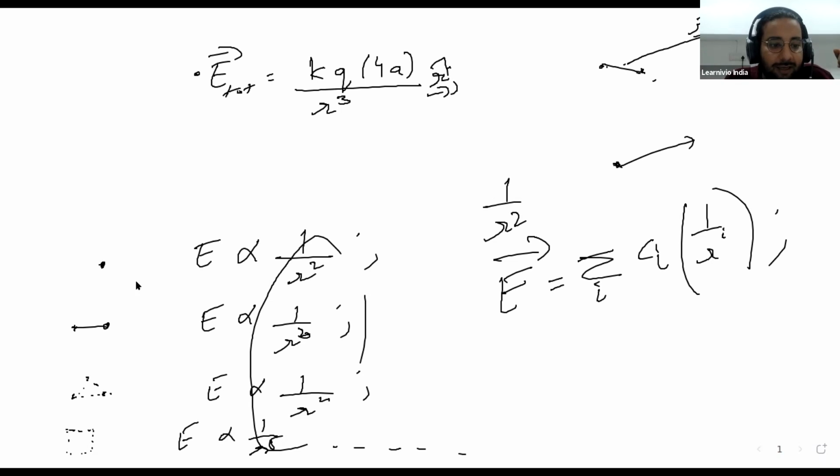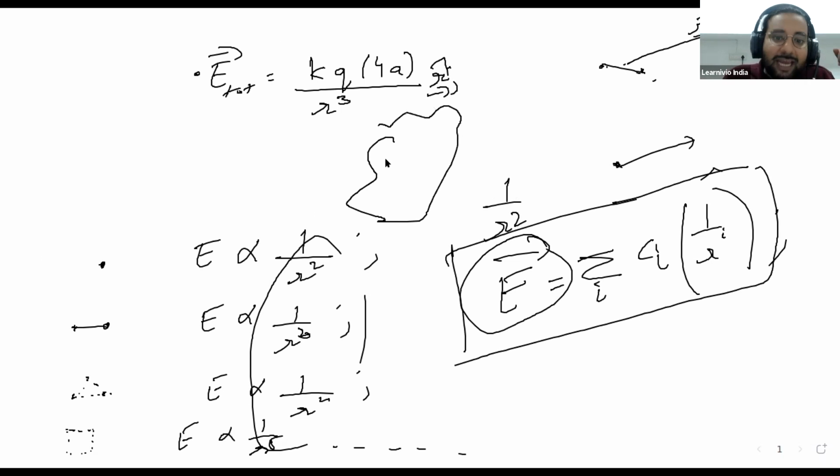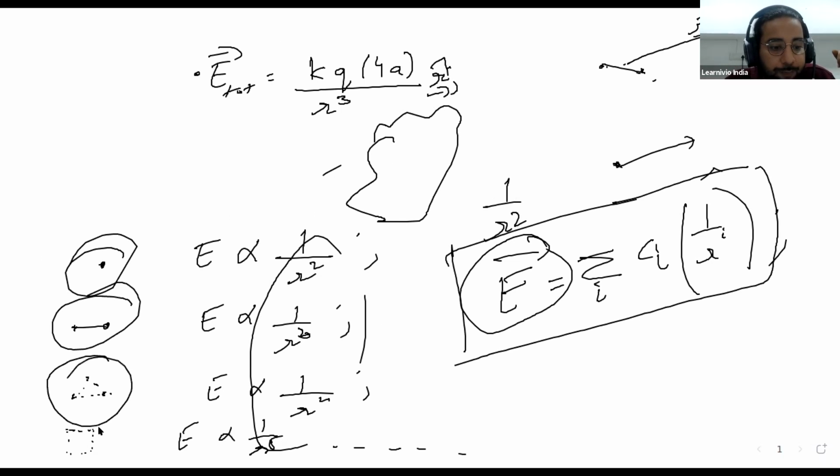Meaning that for any general problem, every system you have can be broken down into its monopole, dipole, tripole, quadrupole components. Does that make sense? Yes, sir. So at the end of the day, all charges are essentially made of these monopoles, dipoles, tripoles, quadrupoles, and this is how we essentially prove that.